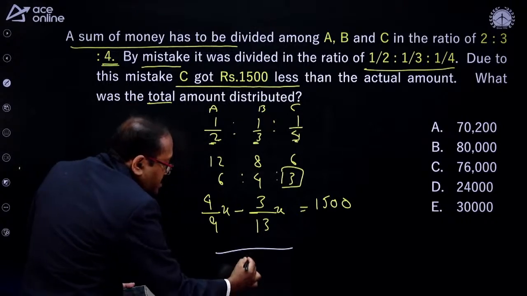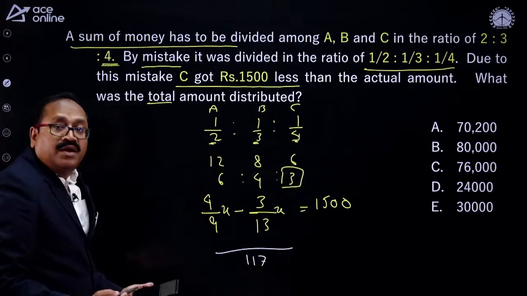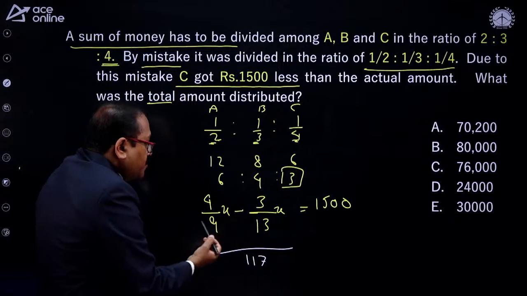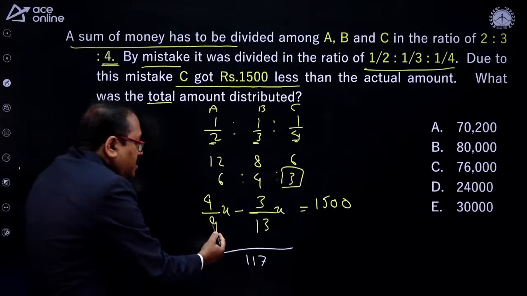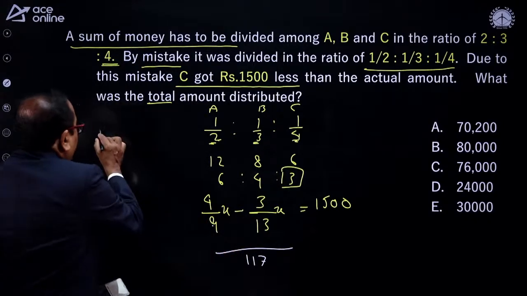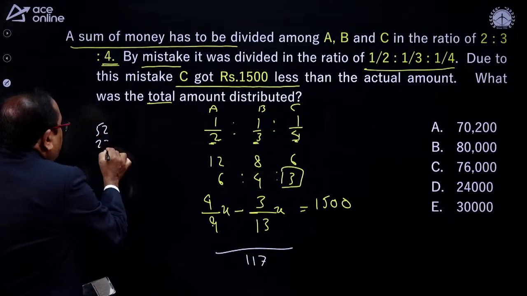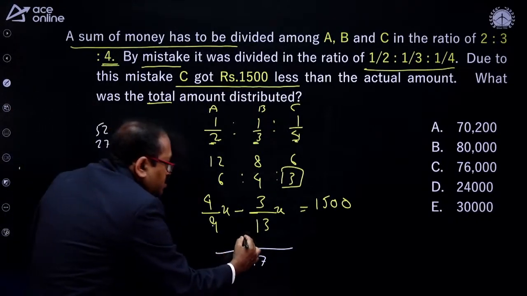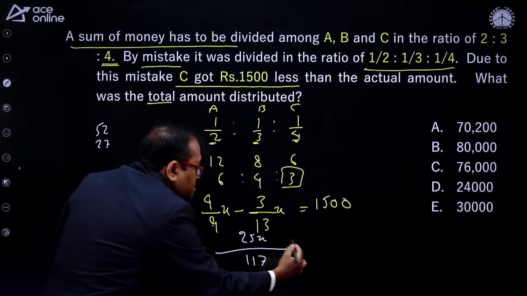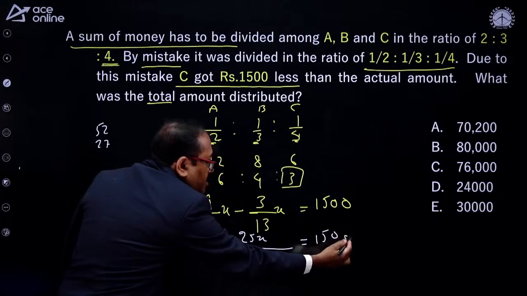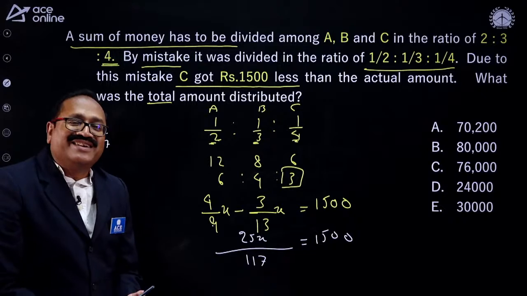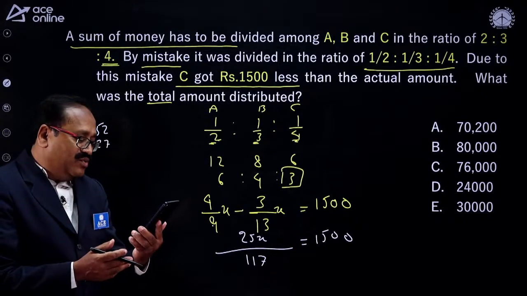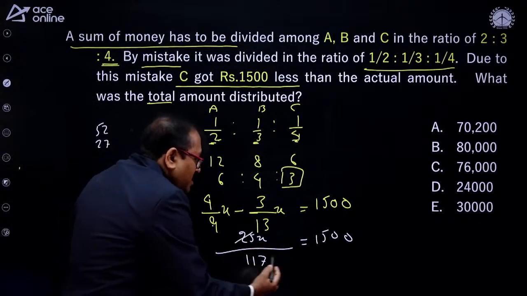So, I noticed that 117 is the LCM, and this part is 13 by 4, which is 52. And here 9 by 3 is 27. So 52 minus 27 comes to 25. So I get 25x, which is equal to 1500. So let's find out the x value.